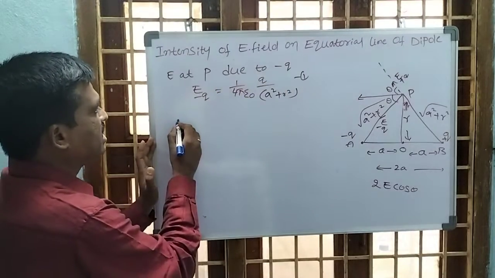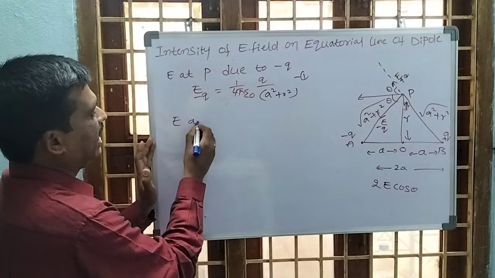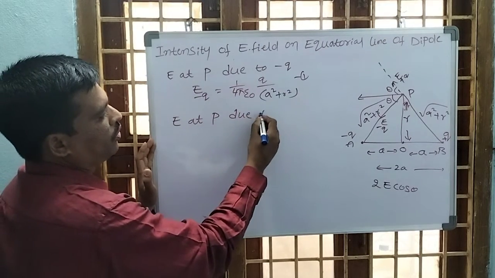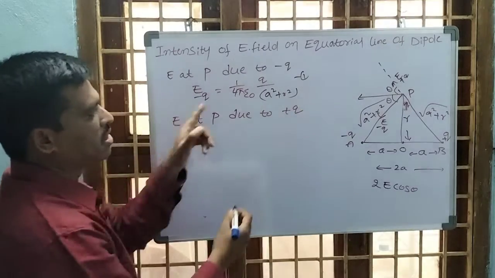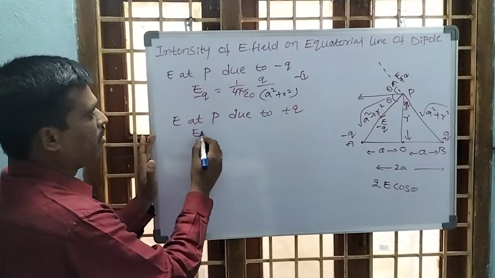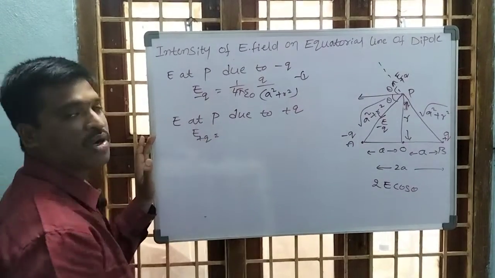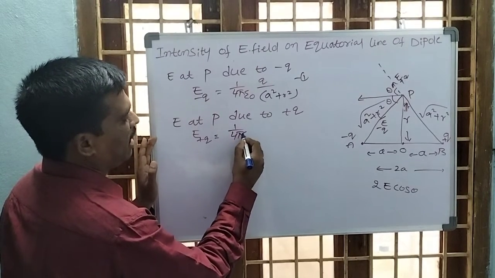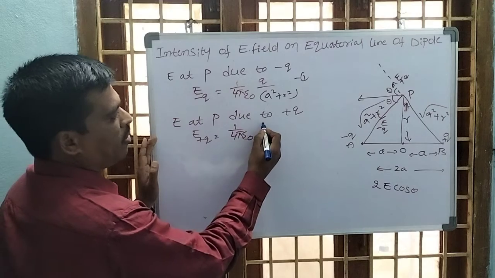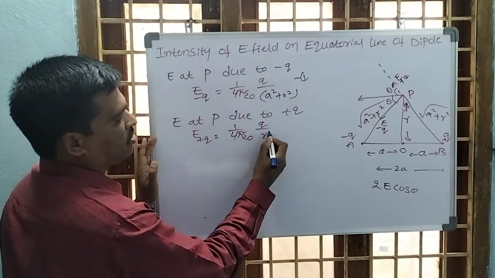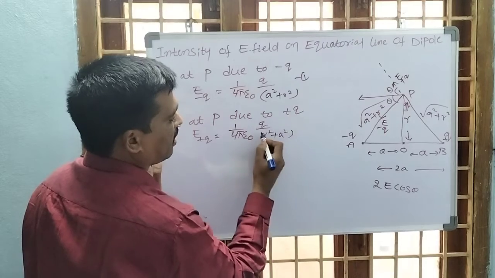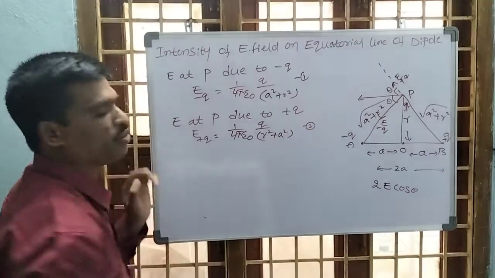Similarly, the intensity of electric field at P due to positive charge. Similarly, E positive is equal to what here? Same, 1 by 4 pi epsilon naught Q by R square, here also R square plus A square. Clear na? This is equation 2.